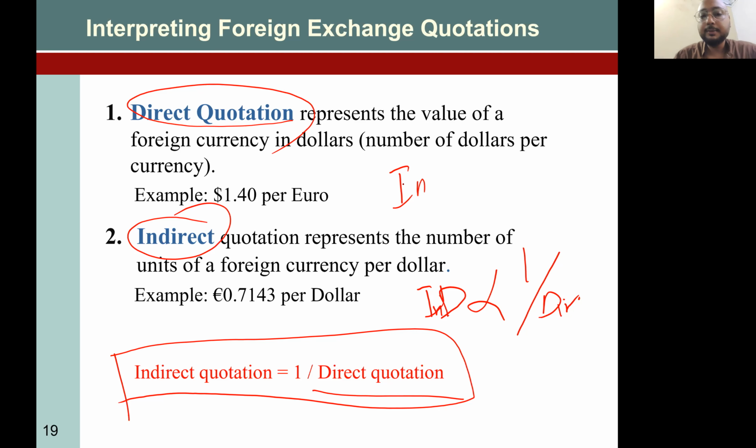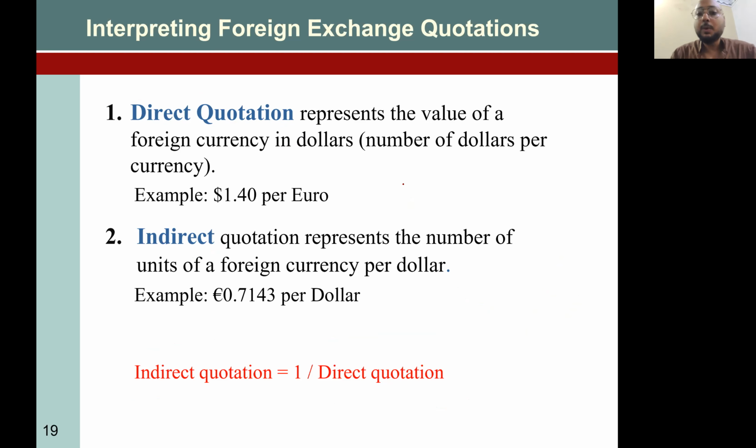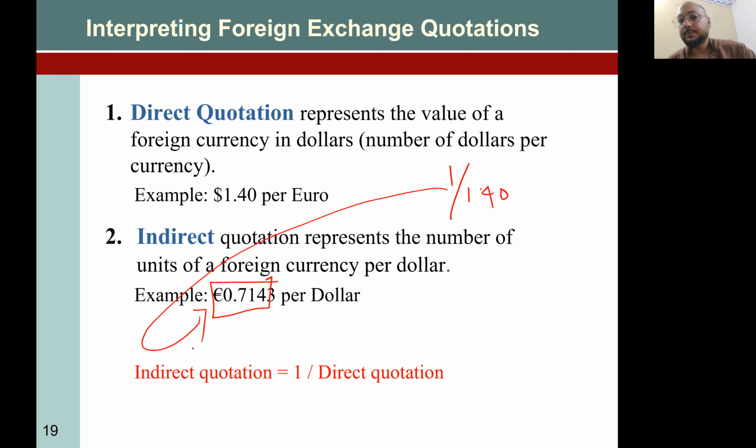So if you divide 1 by 1.40, the answer is going to be 0.7143. Do that. Confirm it. Tiffany? Yes, 1 divided by 1.4, answer same, right?